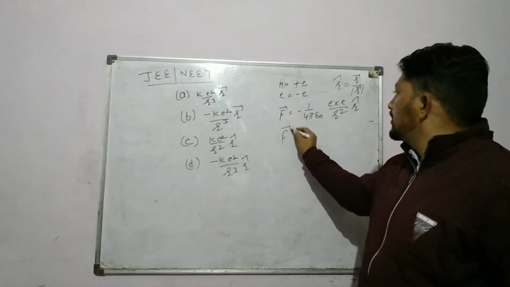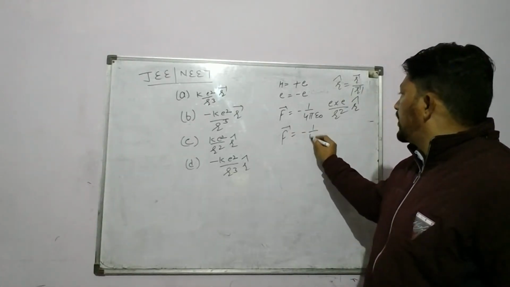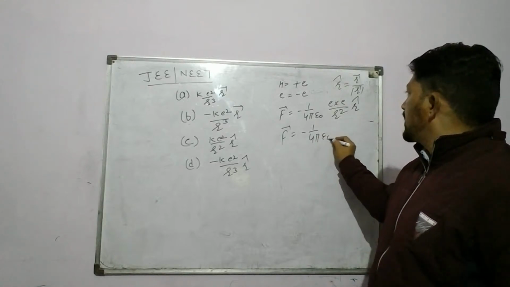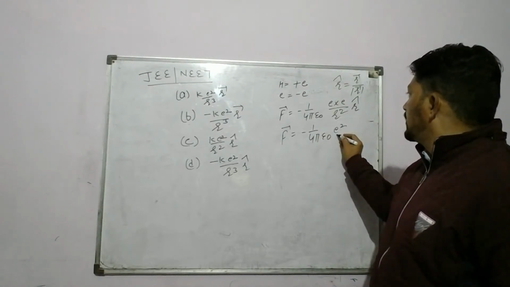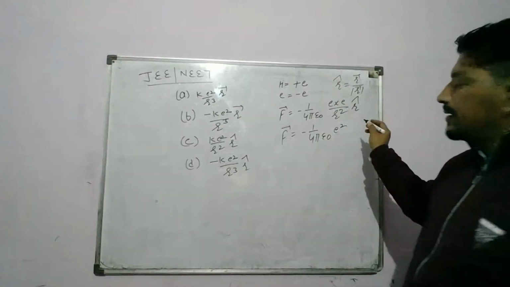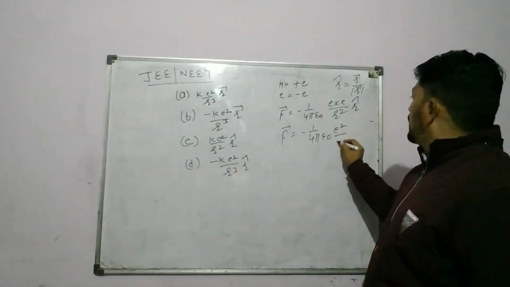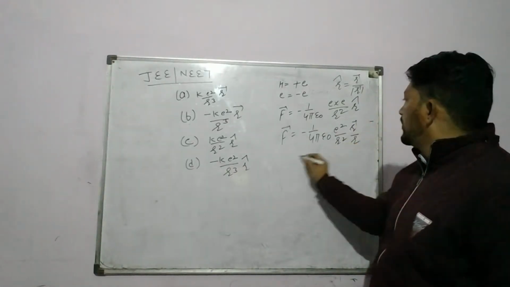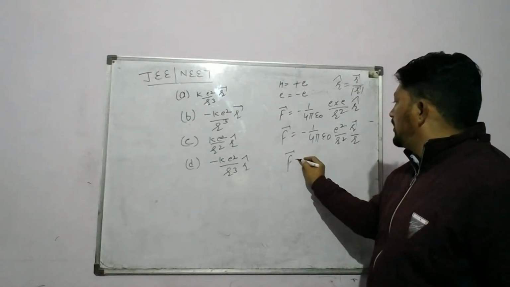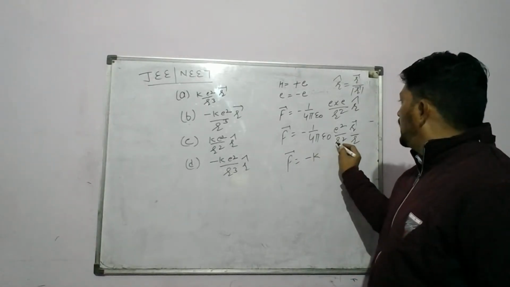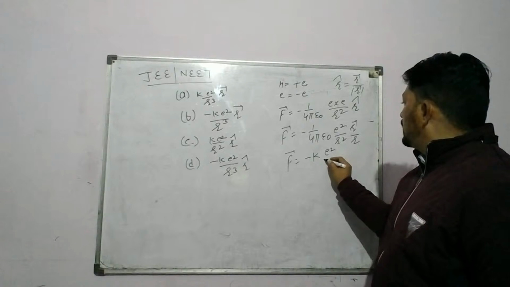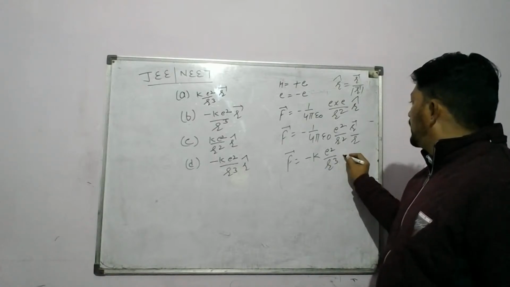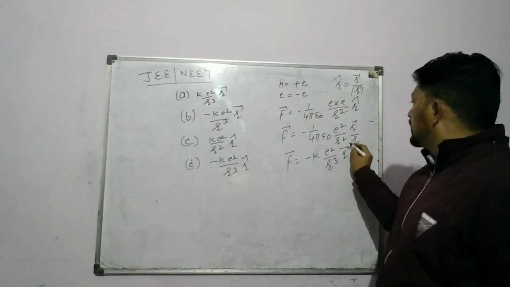F is equal to minus 1 upon 4 pi epsilon 0 e square upon r square, r vector upon r, so F is equal to minus k e square upon r cube into r vector.